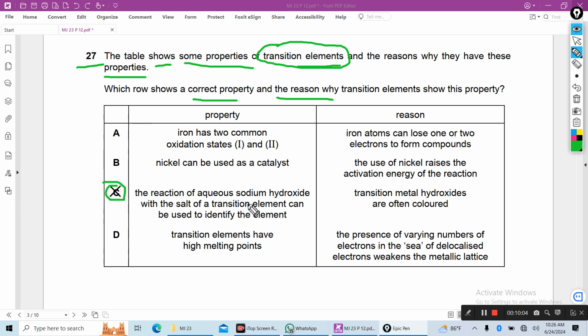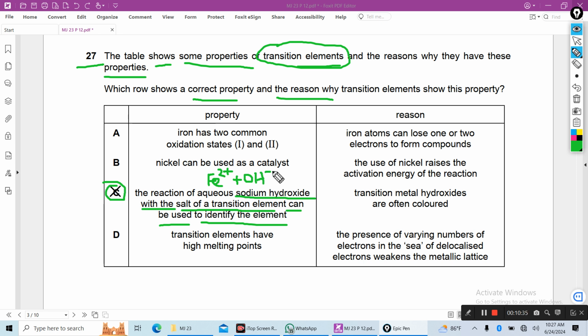The reaction of aqueous sodium hydroxide with the salt of a transition element can be used to identify the element. Yes, if an iron 2 salt contains iron 2 ions and you add sodium hydroxide, they form iron 2 hydroxide, so you can tell there's iron 2 ion present.